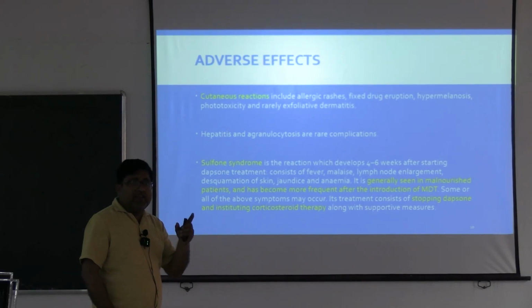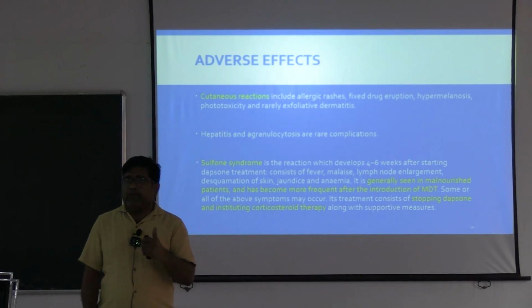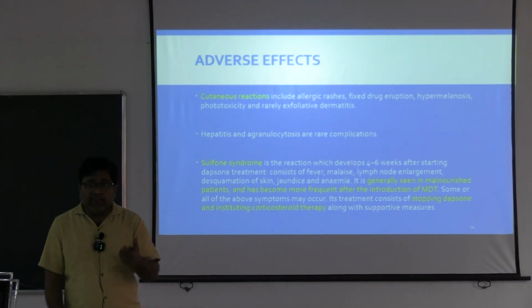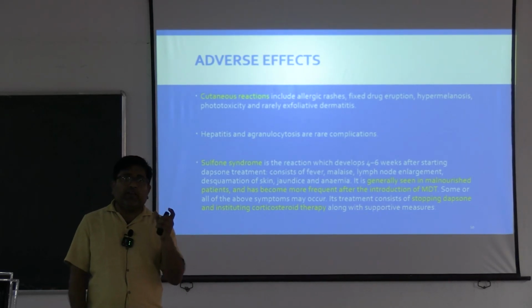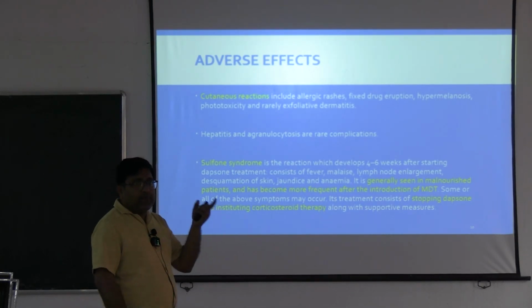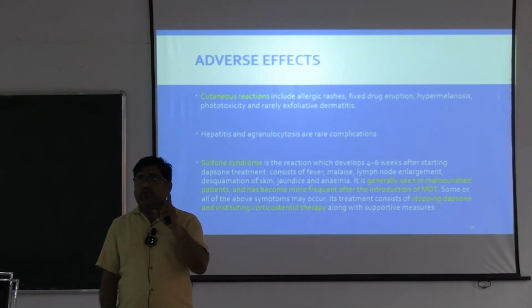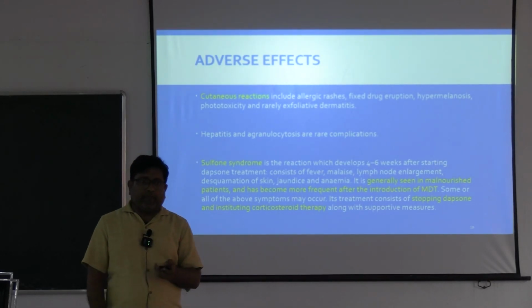They are particularly seen in malnourished individuals who are treated with Dapsone, and it is now frequently seen because of institution of multi-drug therapy. It can be treated by stopping the Dapsone therapy till the disease subsides and institution of corticosteroid therapy, prednisolone.